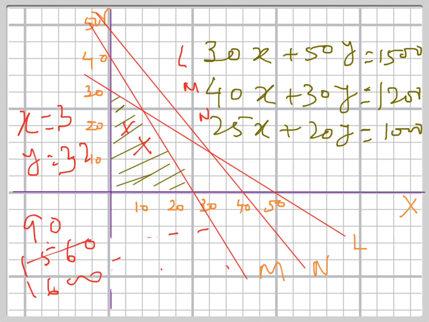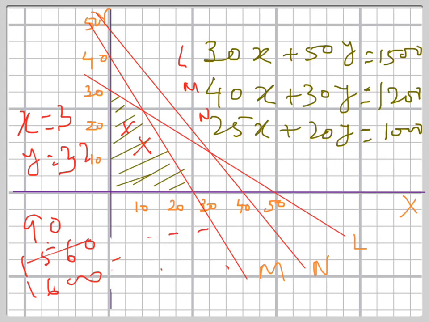You can check for M and N. If we take x equal to 3, then 40x becomes 120, and if you take y equal to 32, then 30y, 32 into 30, is 960. And 960 and 120 becomes 1080.